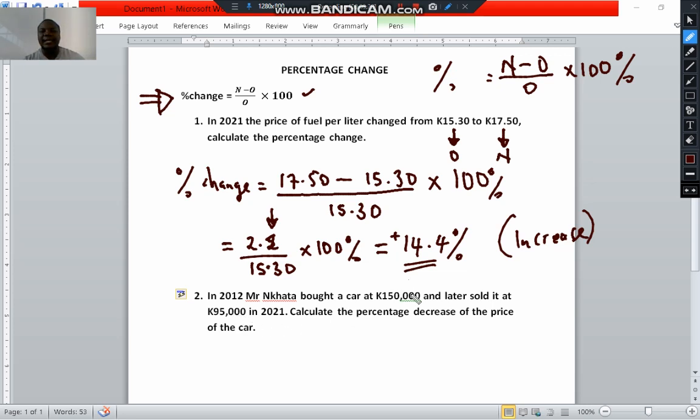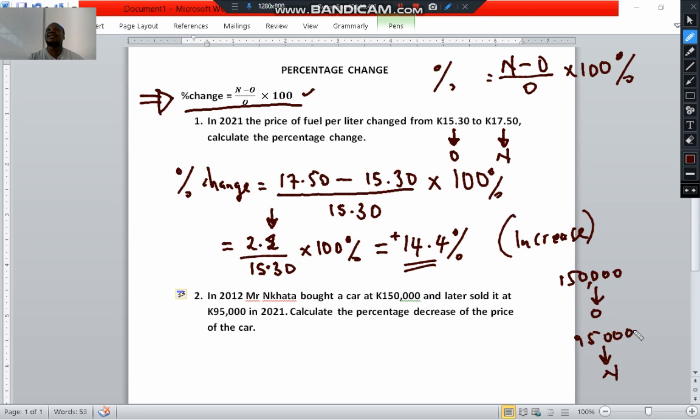In order to use this formula, we need to know which one is our old price and which one is our new price. You can see that 150,000 is our old price, and 95,000 is our new price.